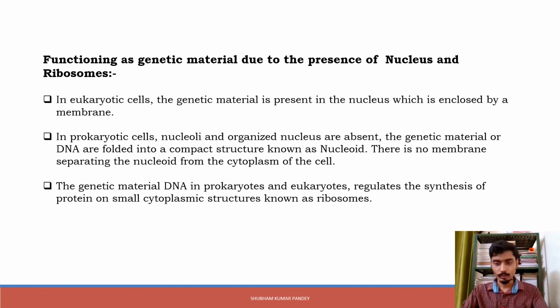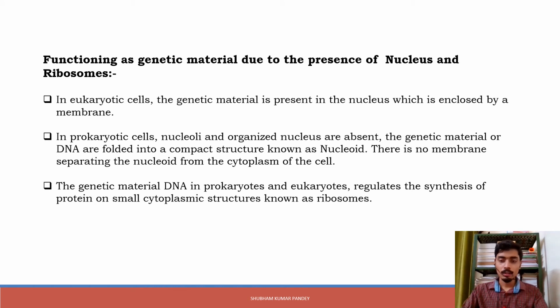The genetic material DNA, in prokaryotes and eukaryotes, regulates the synthesis of protein on small cytoplasmic structures known as ribosomes. So DNA acts as genetic material, and with its help different types of proteins are synthesized. The cell performs protein synthesis with the help of DNA or RNA, and with the help of ribosomes the proteins are made. As we have already said, ribosomes are the protein factory of the cell.